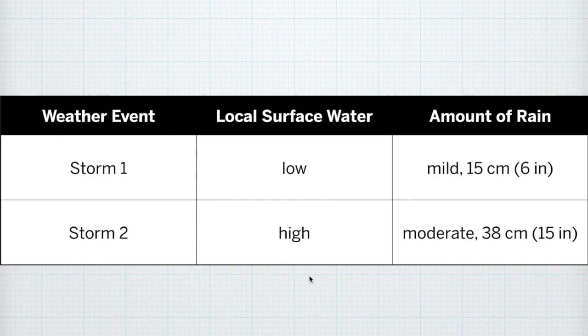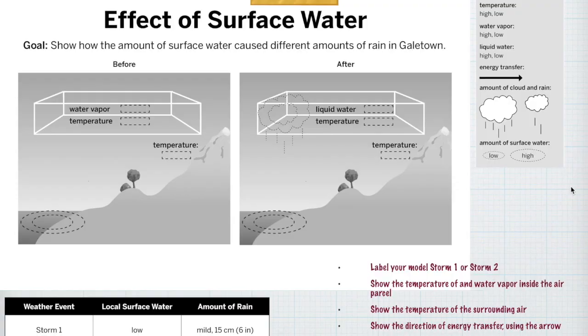Storm 2 has a high level of surface water and a moderate amount, which is 15 inches. You'll notice that the inches are in parentheses, mostly because in science we always use the metric system, but the conversions are right there: 15 centimeters and then 38 centimeters. So we have a severe difference. It's more than double.